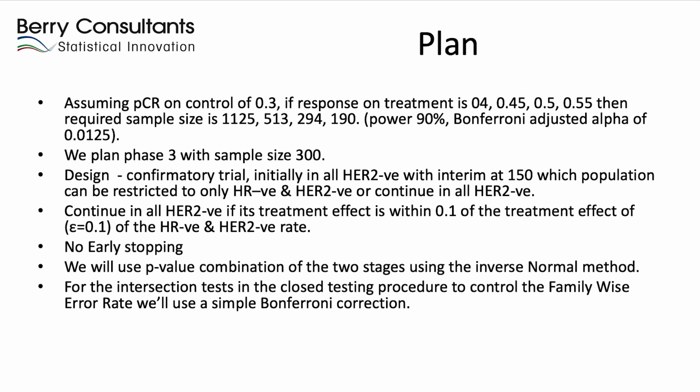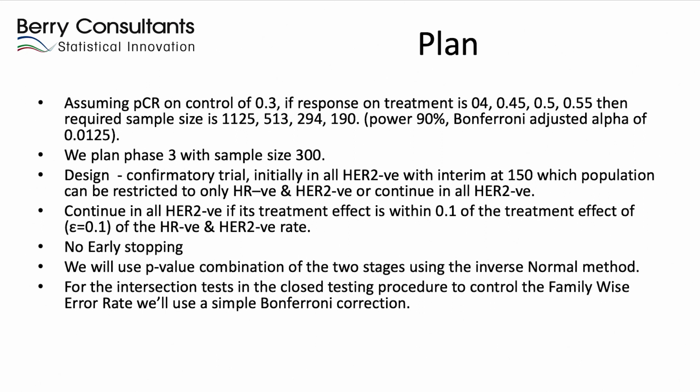So we're going to say we suspect that those two larger sample sizes are probably too much for us, that they'd be too expensive to run, probably take too long. So we're going to target a treatment rate of 0.5 and use a sample size of 300.